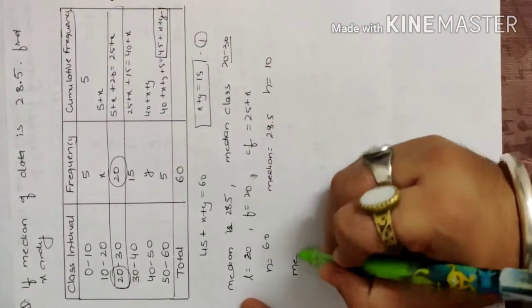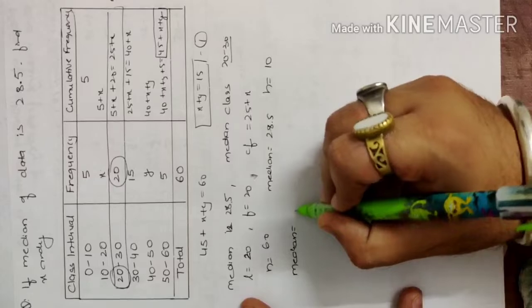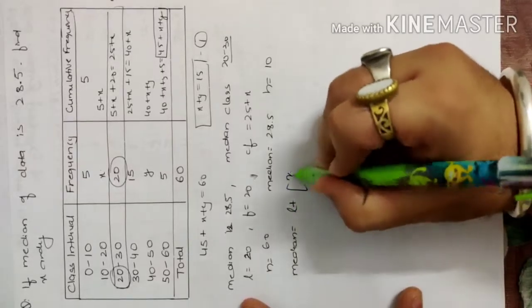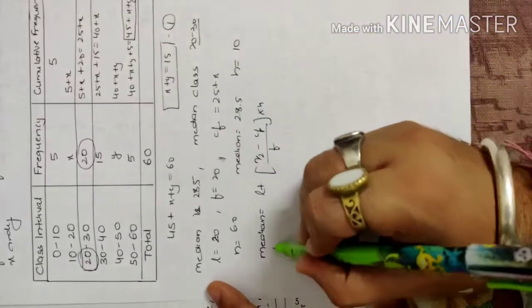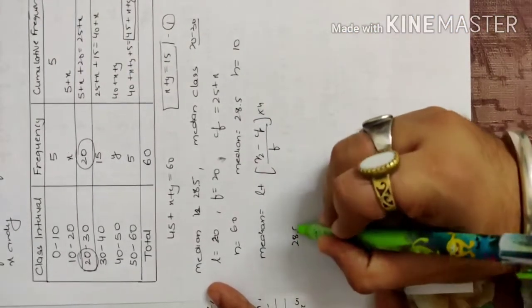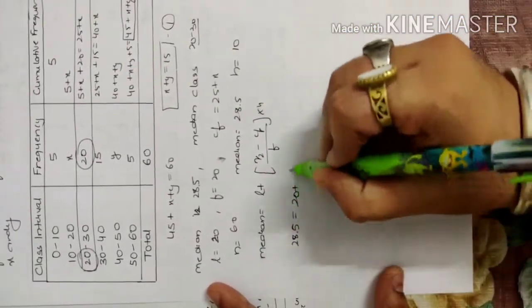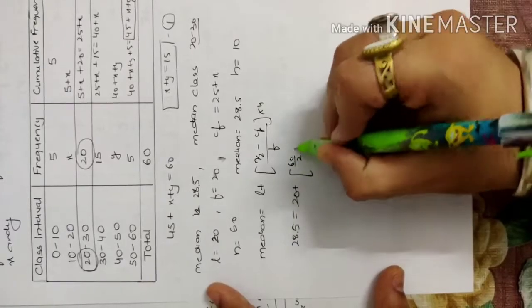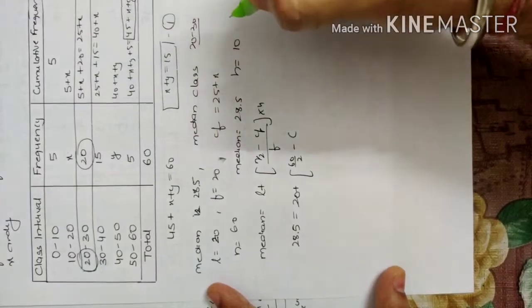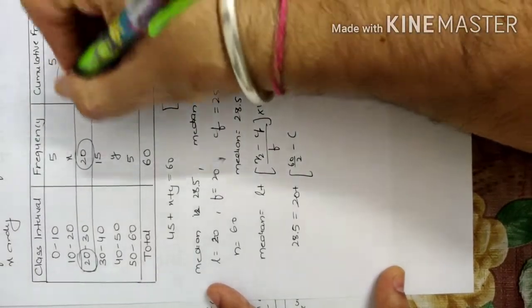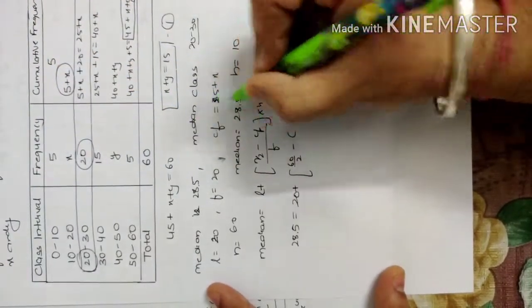Using the formula that median is equal to L plus (n by 2 minus CF) upon F into H, substituting the values, median is 28.5, 20, 60 by 2, and CF, how much do you have? Sorry, I had to pick the one above, that should be 5 plus x.